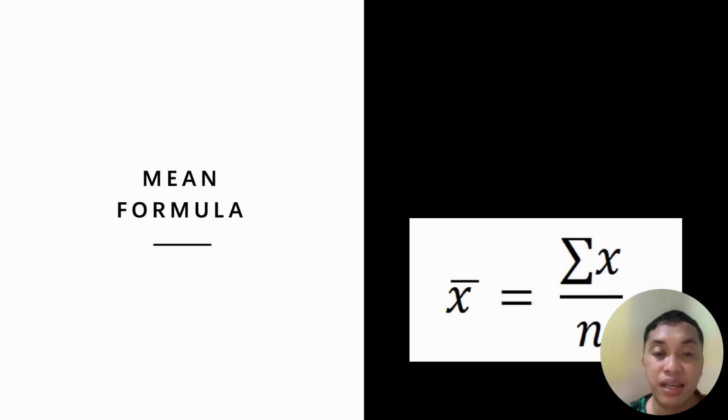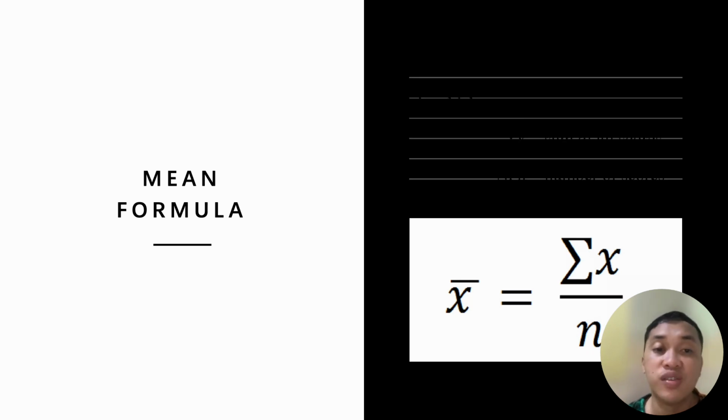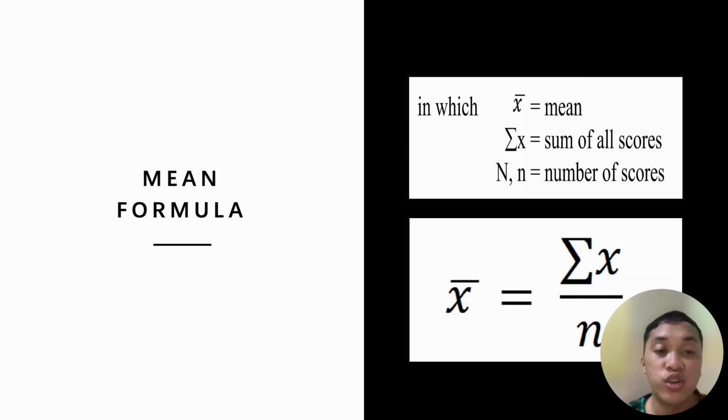So we will define these symbols, in which the x bar once again is our mean, the summation of x will be the sum of all scores or data, and the n will be the number of scores. So that's the total number of samples or scores in a given data or set. So for us to apply this formula, we need to have an example.